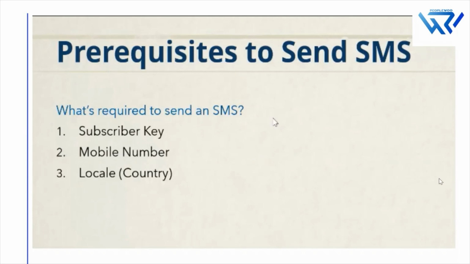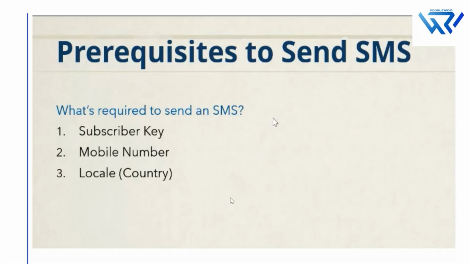Now, as you are sending SMS, it should contain a phone number with phone data type, an email address with email data type, and it should also contain a locale. A locale represents the country of a subscriber. Last time we did not have the locale, or the country was not defined as the locale data type. That is why we had some issues previewing a subscriber for that SMS.